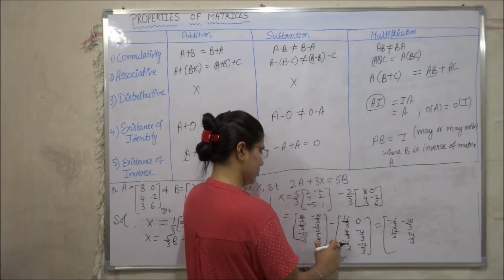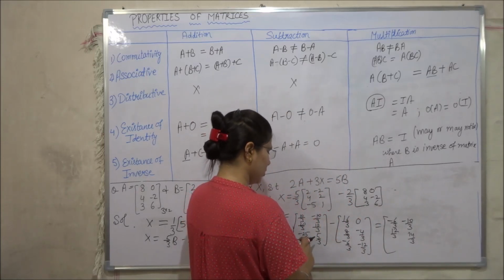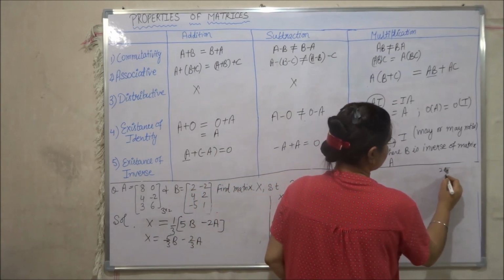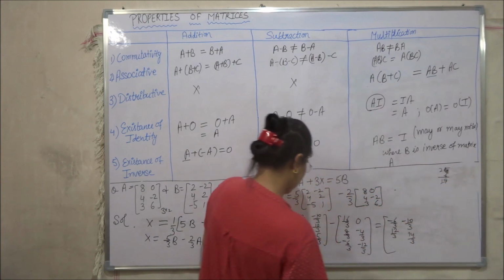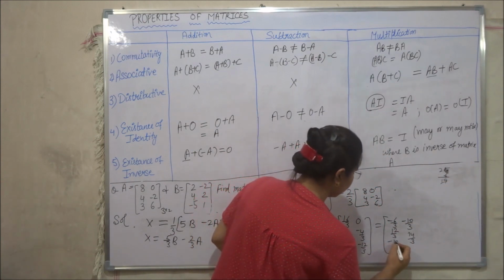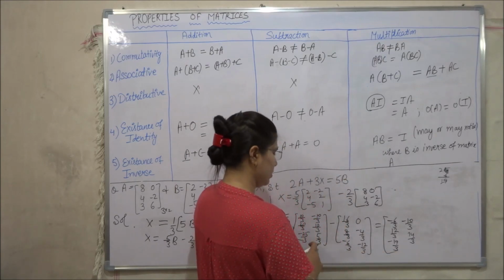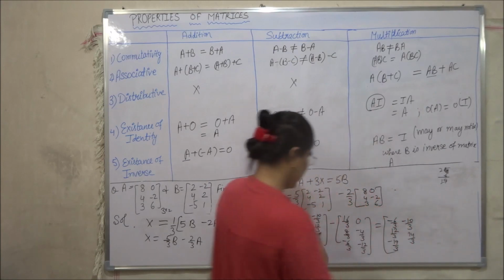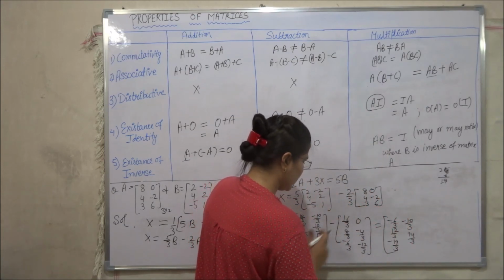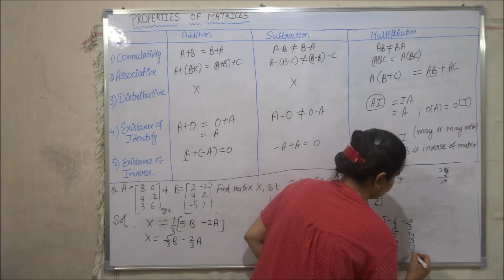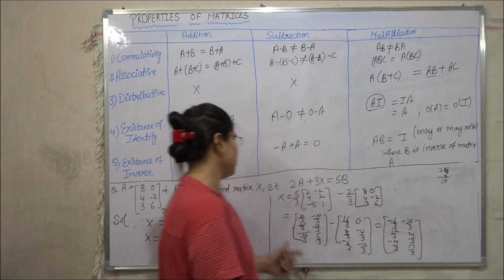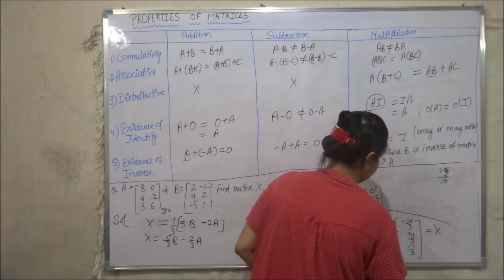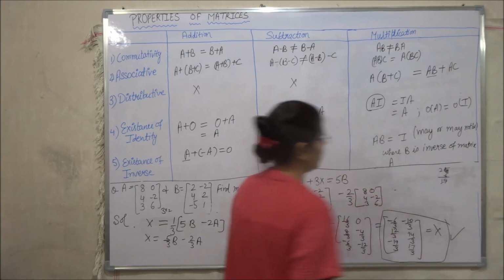Minus 25 plus 6, so 25 minus 6, 19, that will be minus 19 by 3. 5 by 3 plus 12 by 3, minus minus plus, so 12 plus 5, 17 by 3. So hence matrix X will be equal to this matrix. This is your answer.